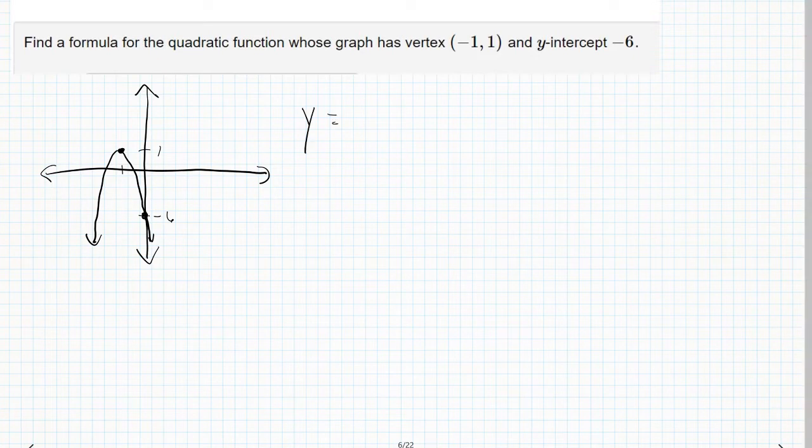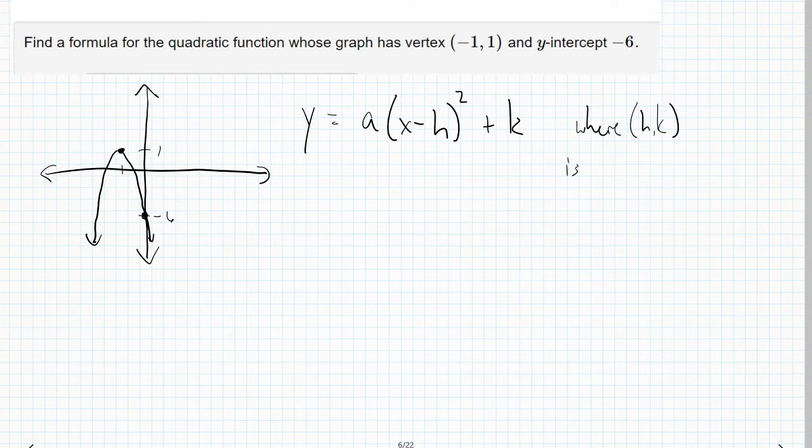Okay. So now the form to try and work with, and I'll show you how we can relate it back to the other, is y equals a times x minus h, the quantity squared, plus k, where hk is the vertex. Okay? So getting an idea as to what's going on here, we can plug that in. First off, we have the vertex.